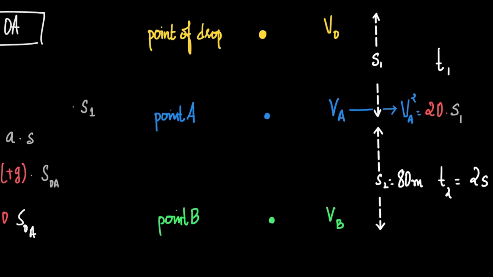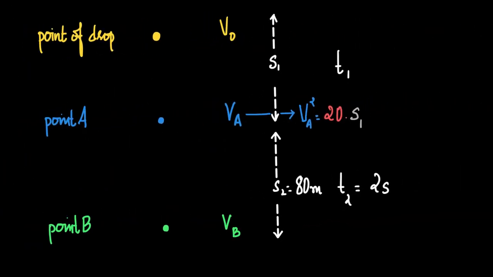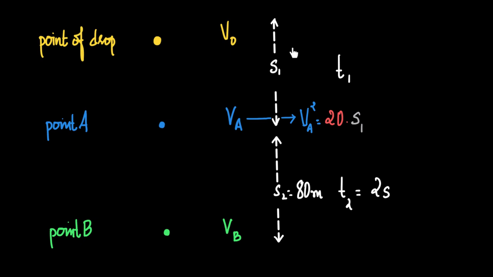Now what we'll do is consider the visualization part again, and everything else remains the same. We have now derived that VA square is equal to 20 times S1, which is SOA.